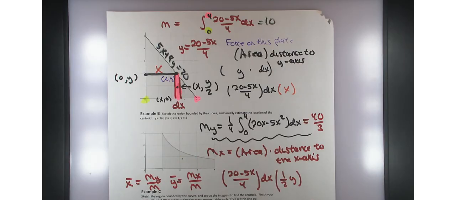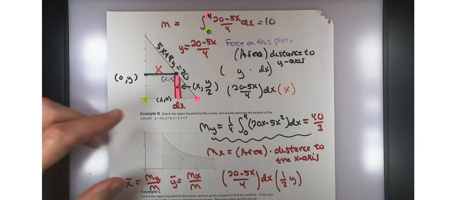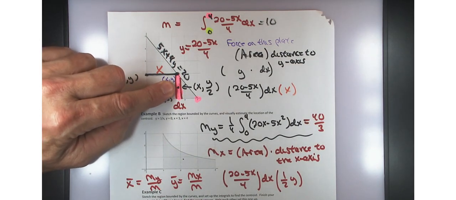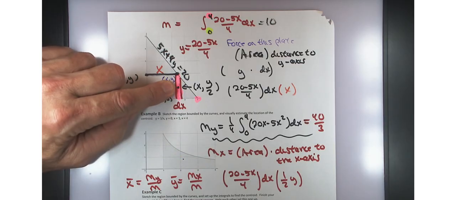Yiming, any thoughts? Oh, we got a question here, Clyde? Could you go over again why we're going halfway down that dx? Yeah, that's where we regard the force from this as being felt at the midpoint.